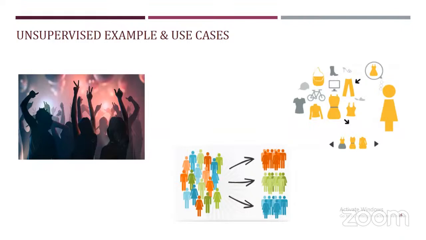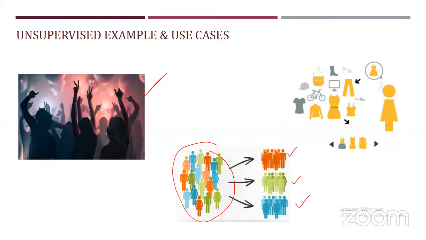Suppose here you have a set of people, and these people are going to have different kinds of properties. Based upon those properties, you create the groups. In this case also you have different kinds of people.